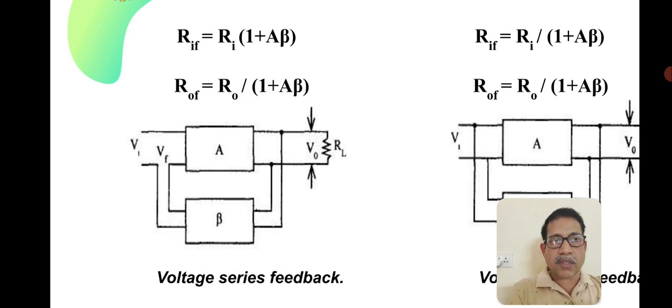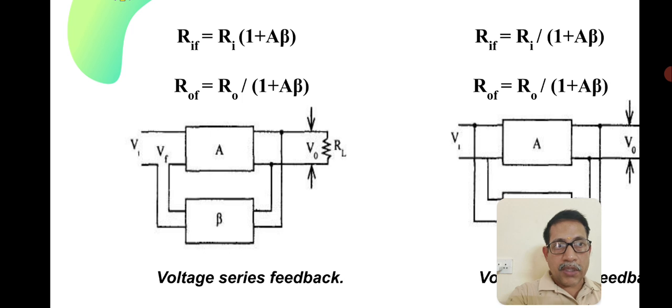Similarly, for the output feedback resistance, since the output part is connected in parallel, we know that for parallel connection 1 by R equals 1 by R1 plus 1 by R2. Therefore, the output resistance here is R0 by 1 plus A beta.